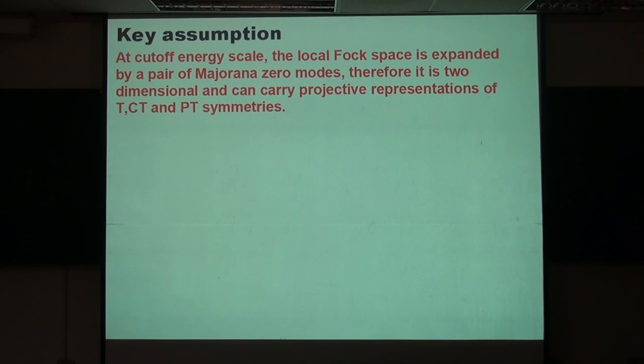And once we understand the reason for 3 generations, we can even do more things, for example compute the mass mixing matrix. But before that, I want to clarify the basic assumption here. The basic assumption is that at the cutoff scale, the local Fock space is spanned by a pair of Majorana zero modes. Each pair of Majorana zero modes is actually a 2-dimensional space, not 4-dimensional.